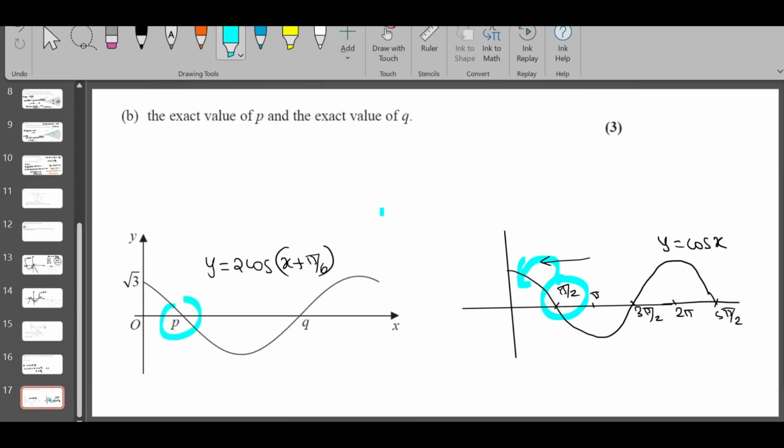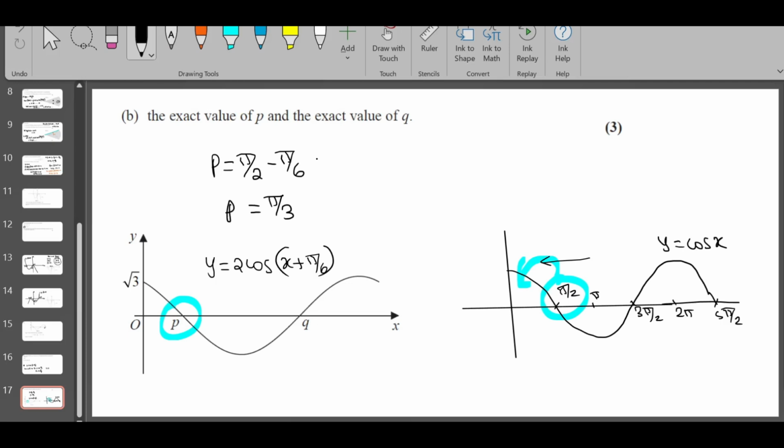That would be the point here, right? So P is equal to pi over 2 minus pi over 6, which is 3 pi minus pi over 6, that is 2 pi over 6, which is pi over 3. That's the value of P.